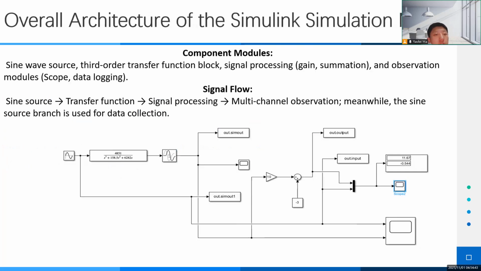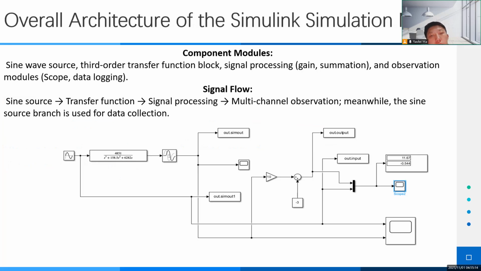Next, let's look at the overall structure of the Simulink simulation model. It has 4 main parts. First, sine wave source. This creates the input signal to test the system. Third-order transfer function block. This is the core part here.